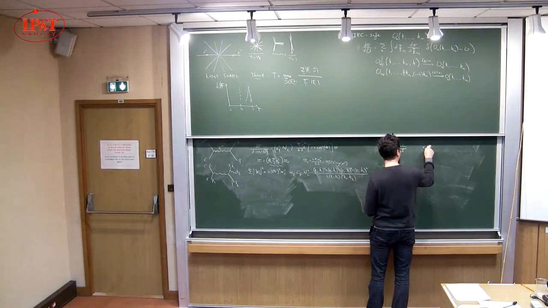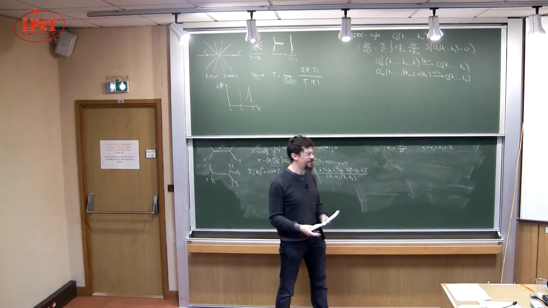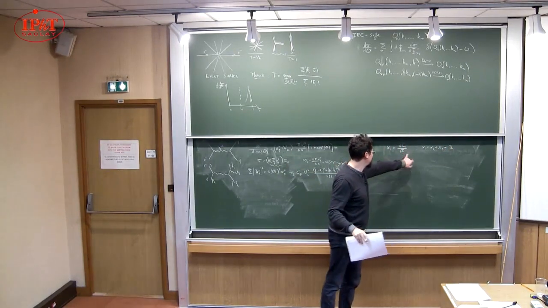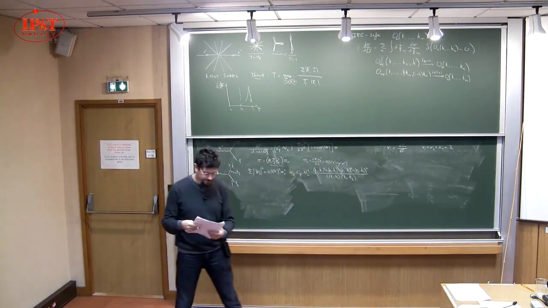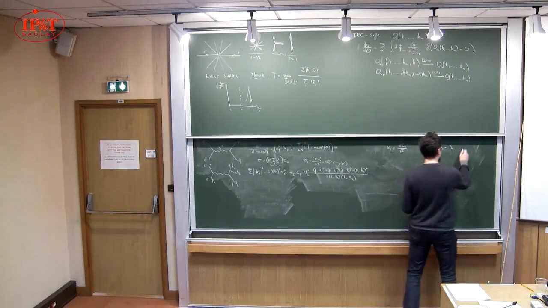And this is such that x1 plus x2 plus x3 equals 2. That's just momentum energy conservation, right? E1 plus E2 plus E3 is square root of s. All the xi's are between 0 and 1.